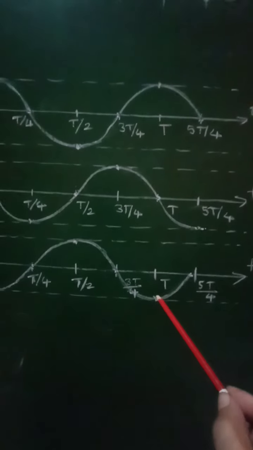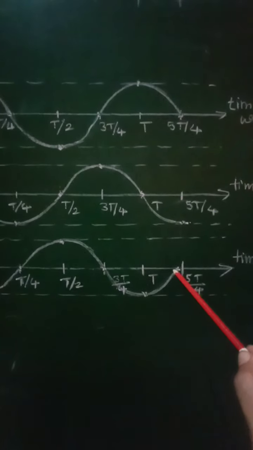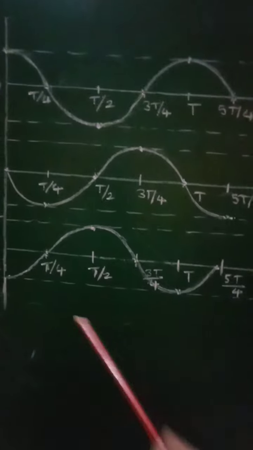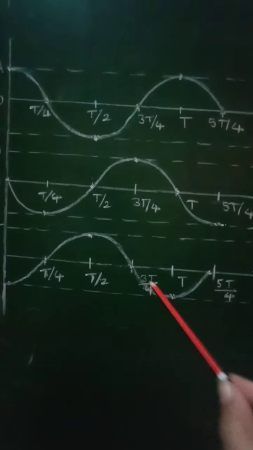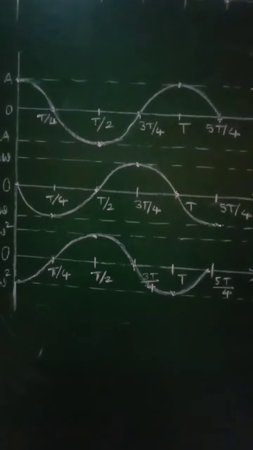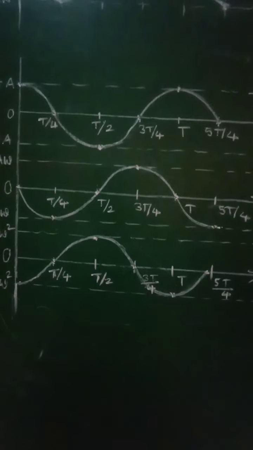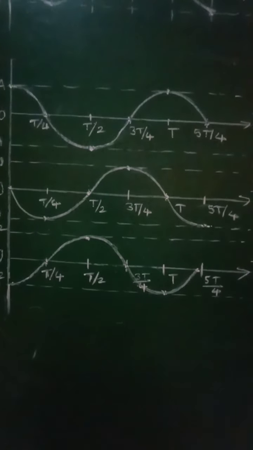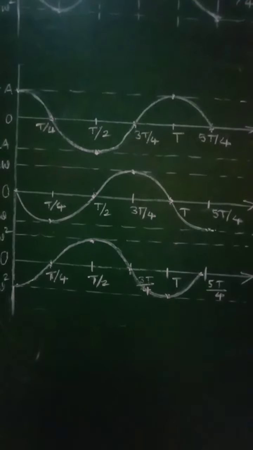For T it is minus a omega square, and for 5T by 4 again it will be 0. Again the curve will be drawn, and so these graphs will represent the graphical representation of linear SHM if the particle starts its motion from the extreme position.